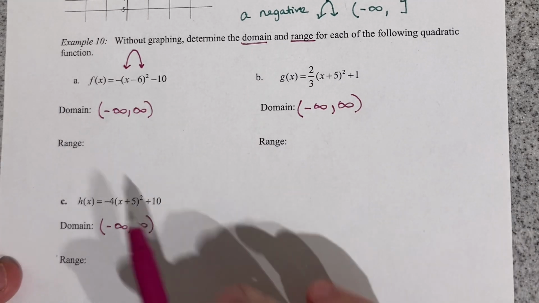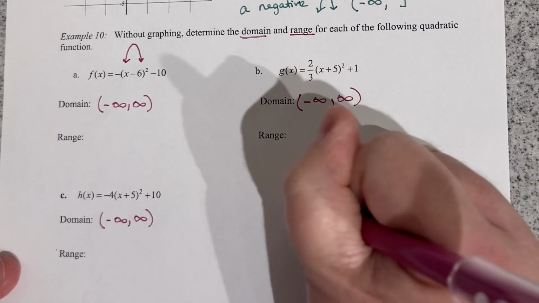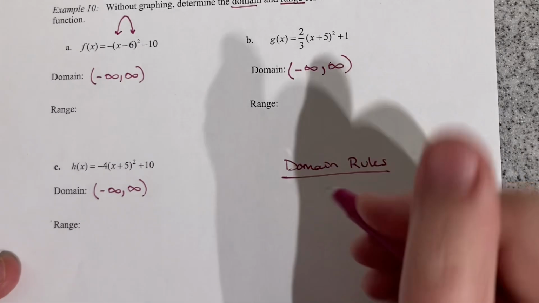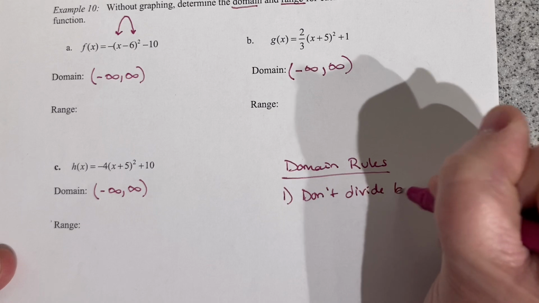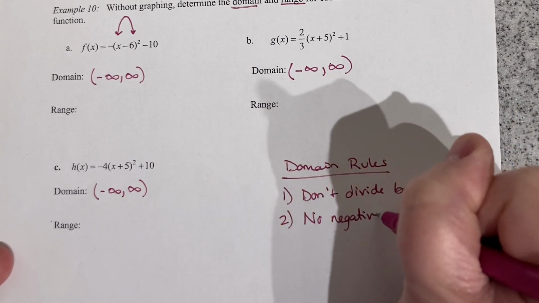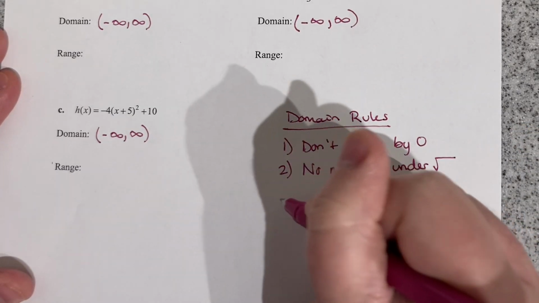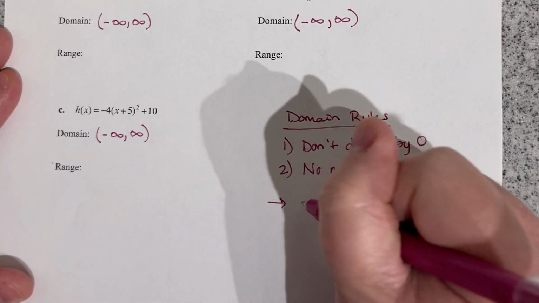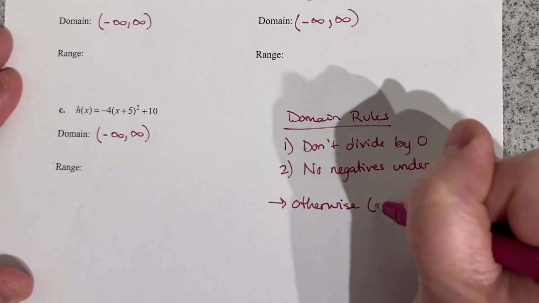If you recall, before we talked about domain restrictions, let's review our domain rules. Domain rules are don't divide by 0, and no negatives under the square root. All other functions that we deal with, at least, would have a domain of -infinity to +infinity.